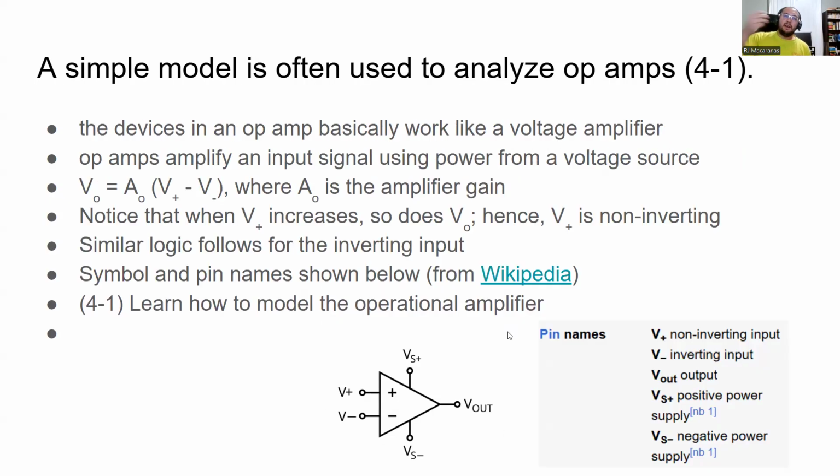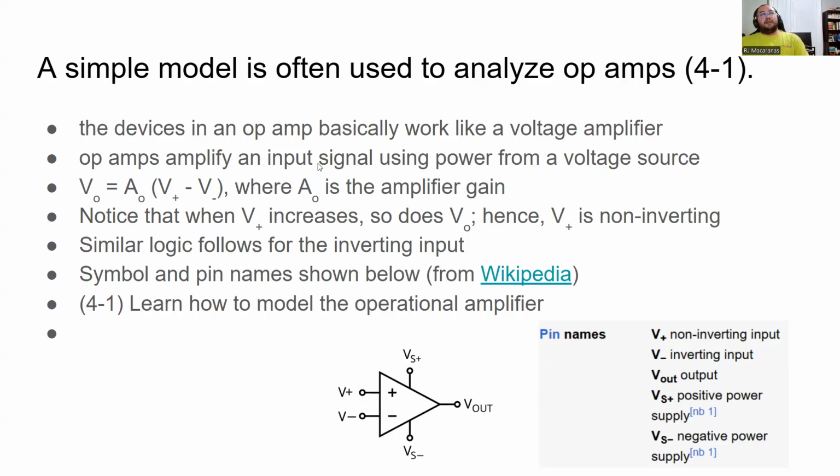The op amp basically works as a voltage amplifier. It's historically named operational amplifier because it's been used to do a lot more than just act as a voltage amplifier. It's been designed to make adders, multipliers, differentiators, subtractors, all these different mathematical operations that we're used to.